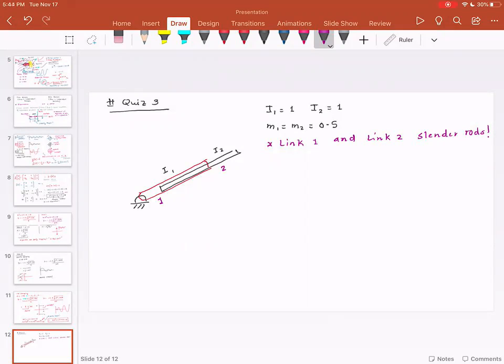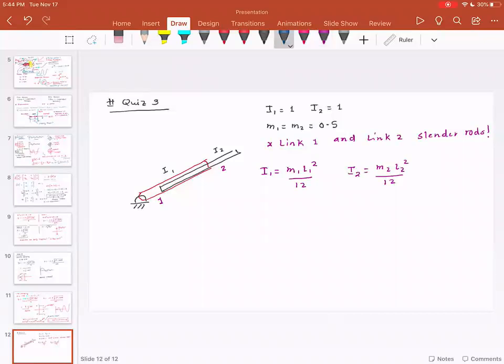When I make that assumption, I have an expression: I1 is equal to M1 L1 square by 12, and I2 is equal to M2 L2 square by 12.